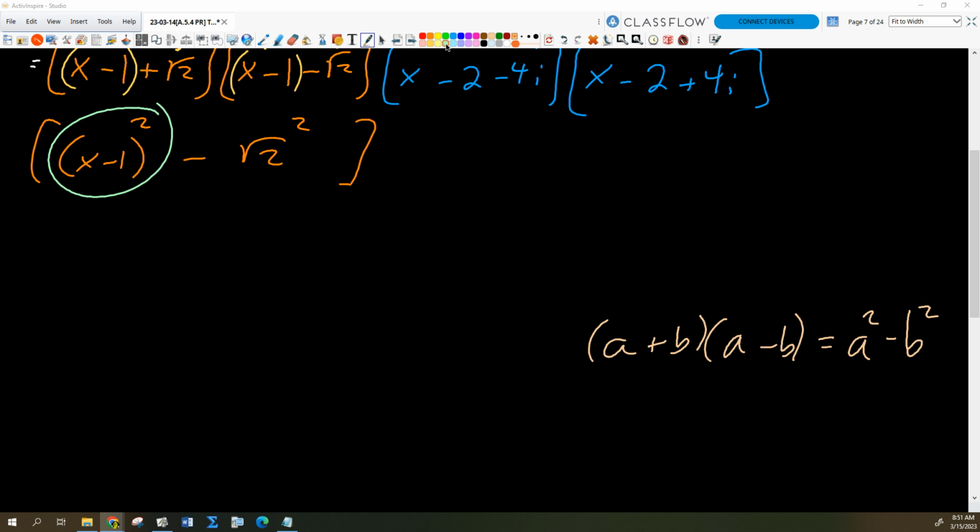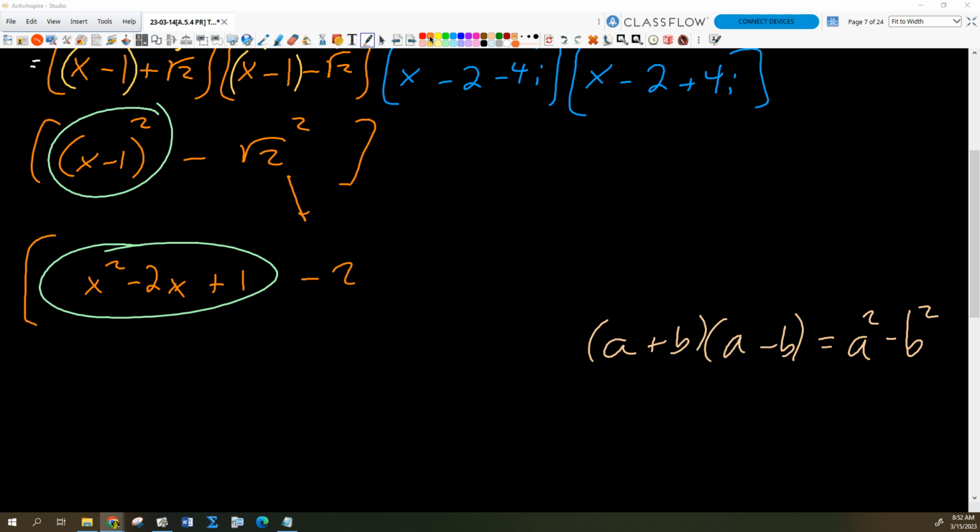If I just take that part, I'm going to get x squared plus 2 times x times -1. Isn't that minus 2x? Plus -1 squared, well, that's plus 1. And then I've got minus 2.